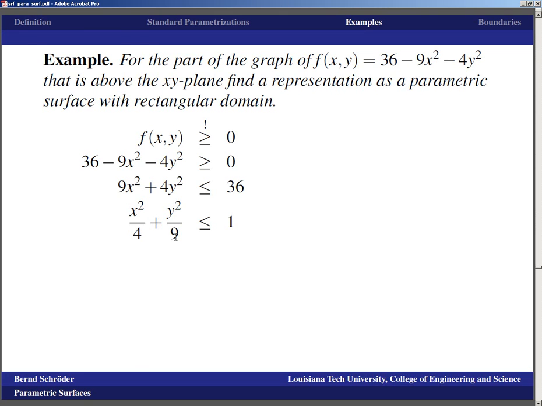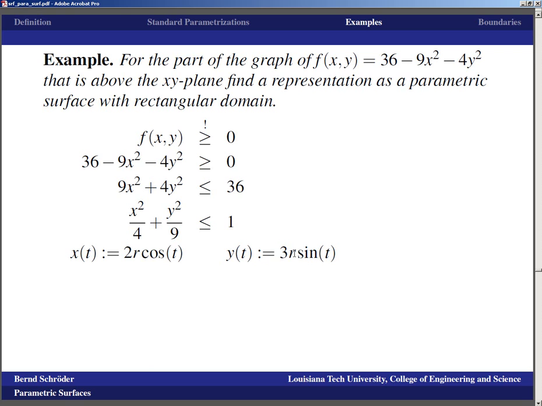X squared over 4 plus y squared over 9 equal to 1 would be the ellipse, and the interior is given by the less than or equal. Well, if I set my x of t to be 2r cosine t and my y of t to be 3r sine t, well, then I am tracing circles with distorted radii, which is what ellipses are, and the 3 squared cancels with the 9 and the 2 squared cancels with the 4, so this definitely has a chance to work out.